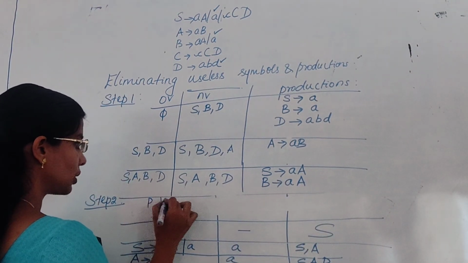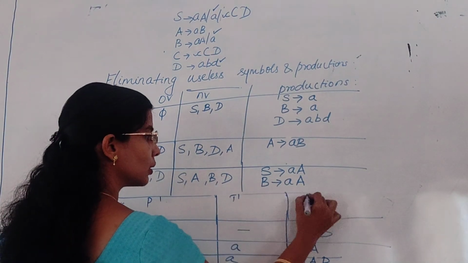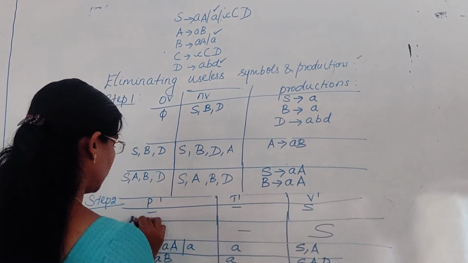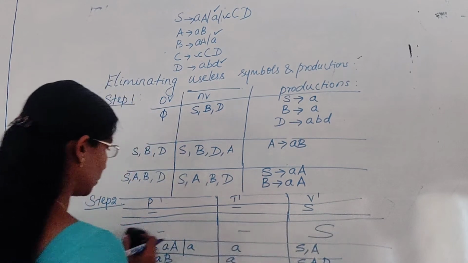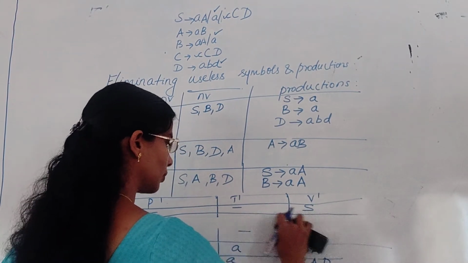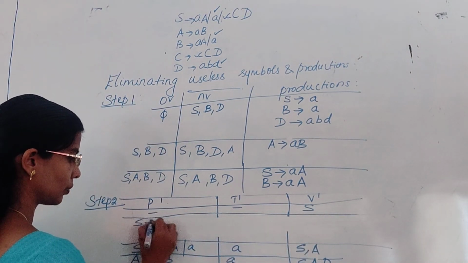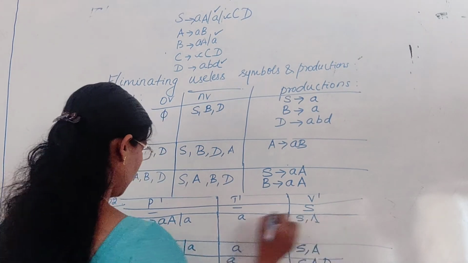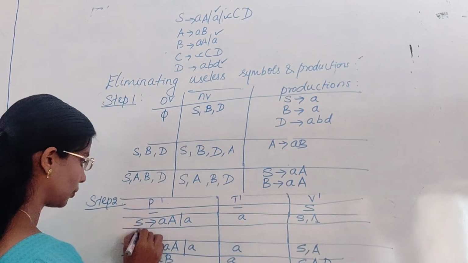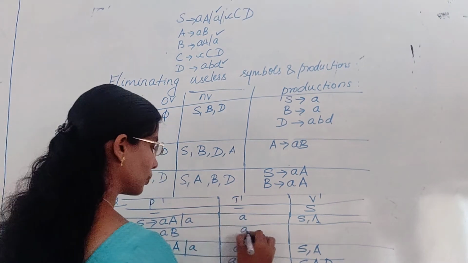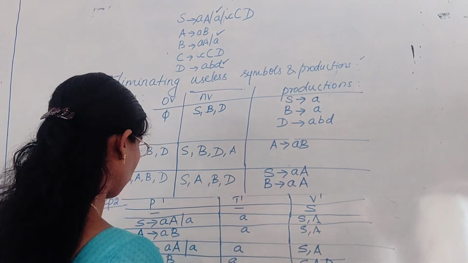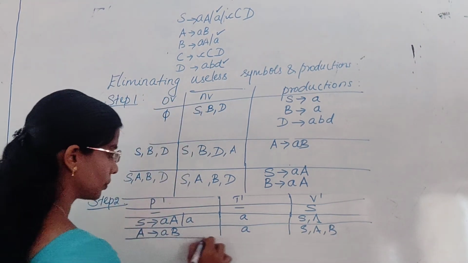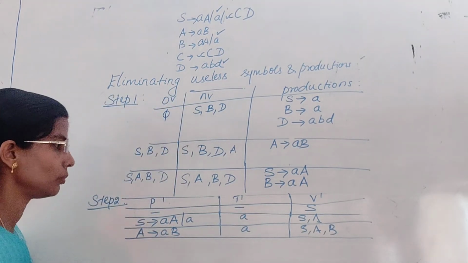Closely I write V dash, T dash, P dash. Hope now it is visible. Yeah. Now what do I have to do?